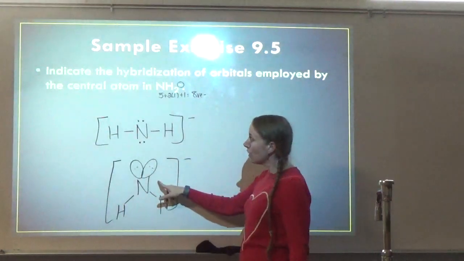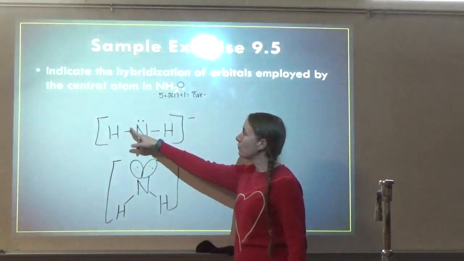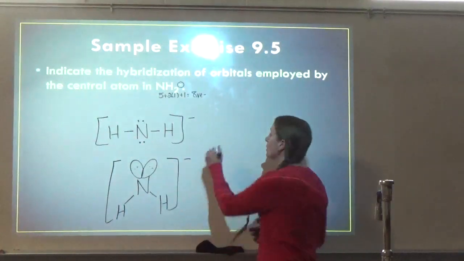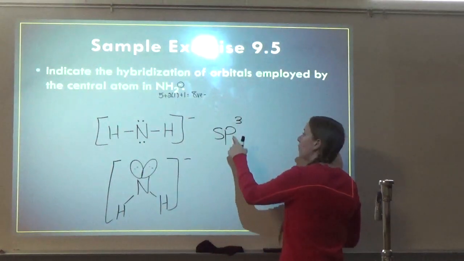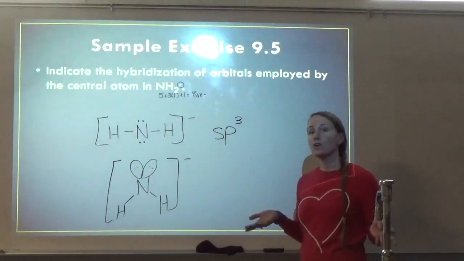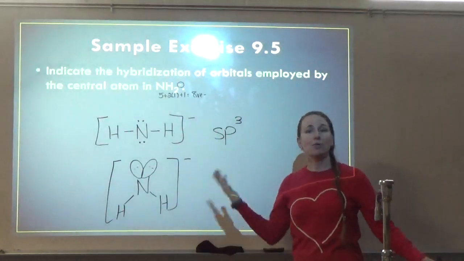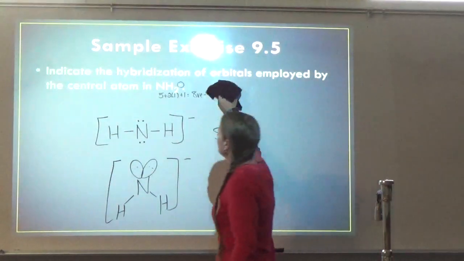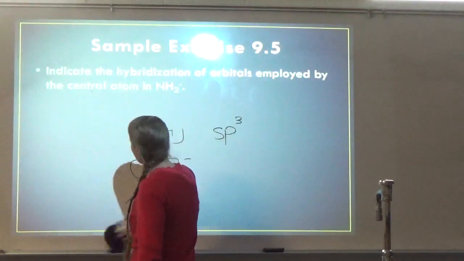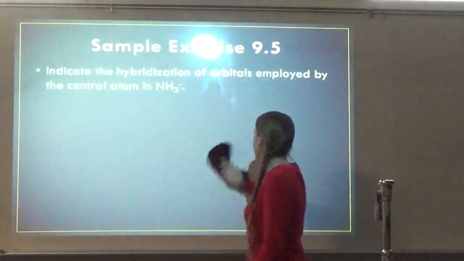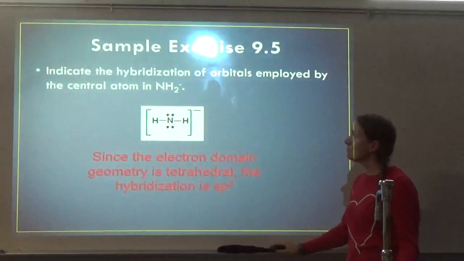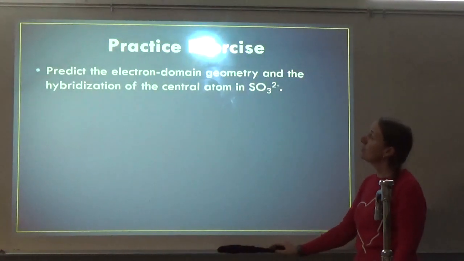And you don't have to draw it 3D to tell that. Once you see 4 domains, that's how you know it's sp3. 4 orbitals, 4 domains. So if I'd had 3 domains, I would have called it sp2. Okay, so it's just about the shape. So on these, you don't technically have to draw the 3D shape to figure it out. I just usually draw it just to make sure I know what you're doing.